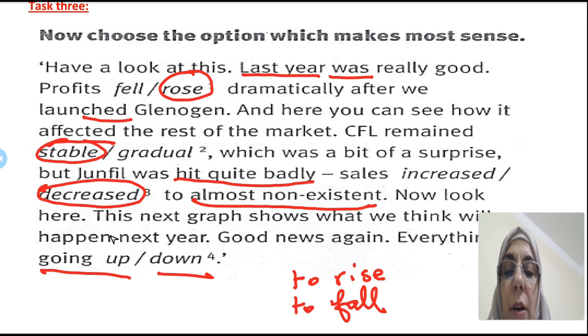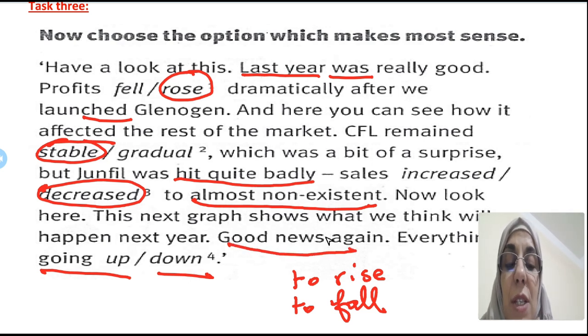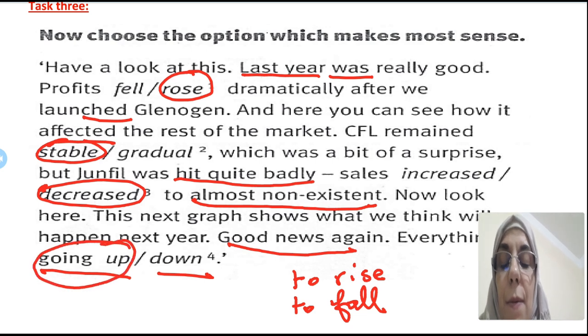Now look here. This next graph shows what we think will happen next year. Good news again. Good news, something good is going to happen. So everything's going up, not down. Everything's going up.